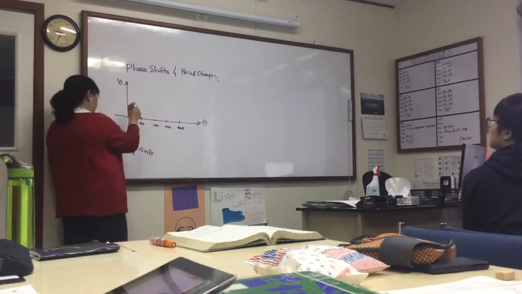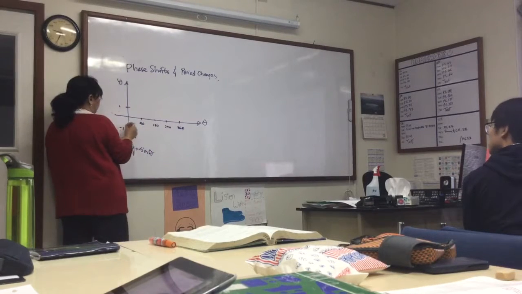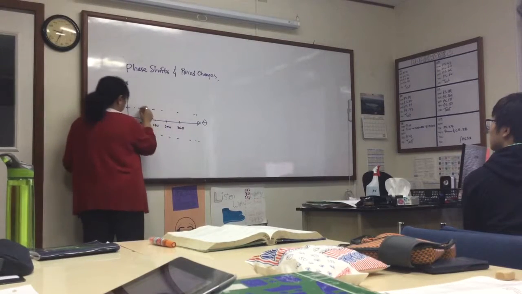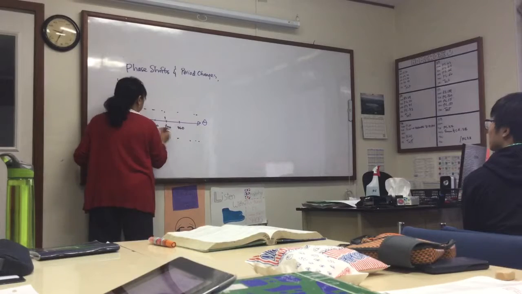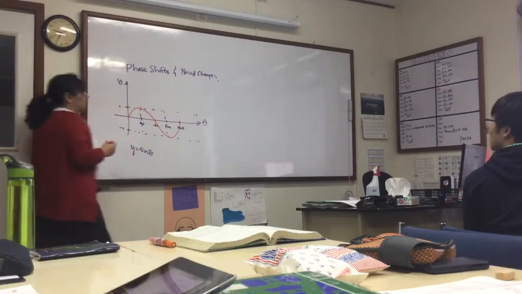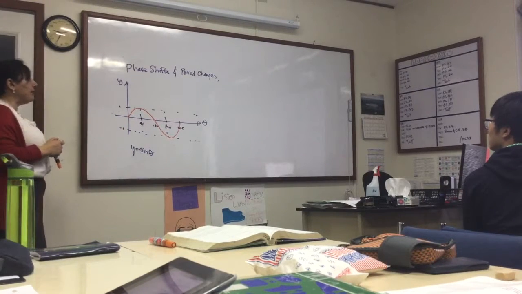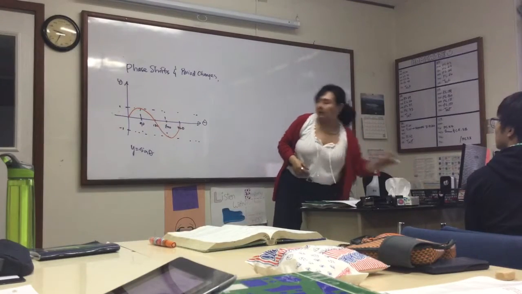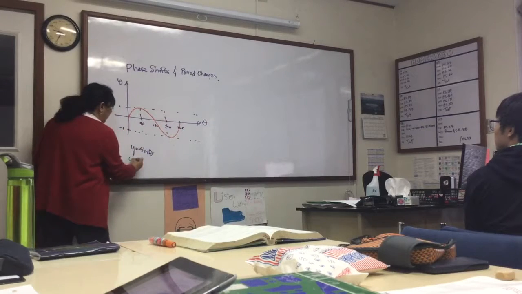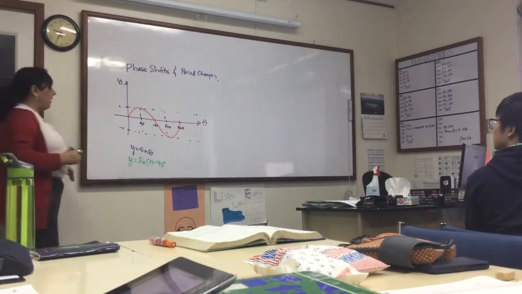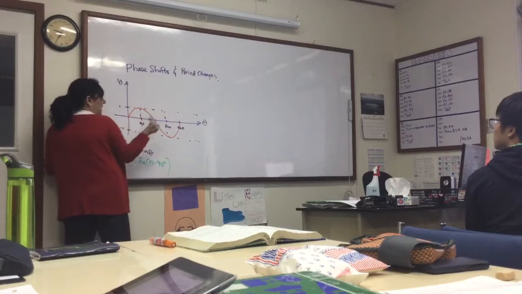Sine goes between 1 and minus 1, right? And you remember that if we shift it, let's say that we put y equals sine of theta minus 90, then it starts at 90.